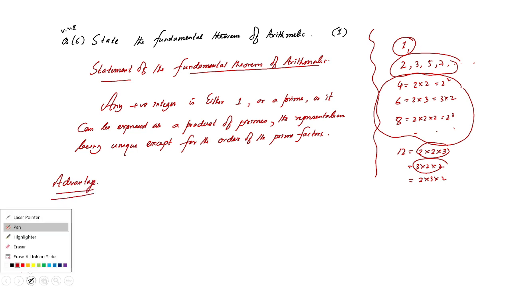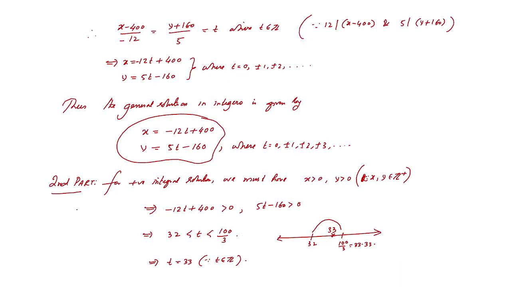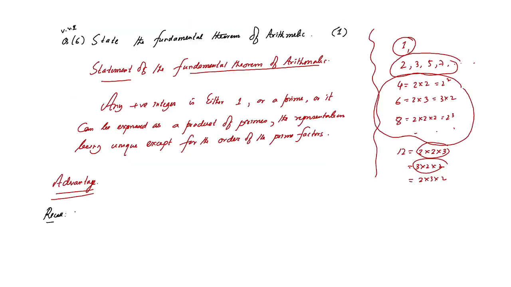One of the advantages, I recall, is that we can write any integer n greater than 1 in a form called the canonical form.